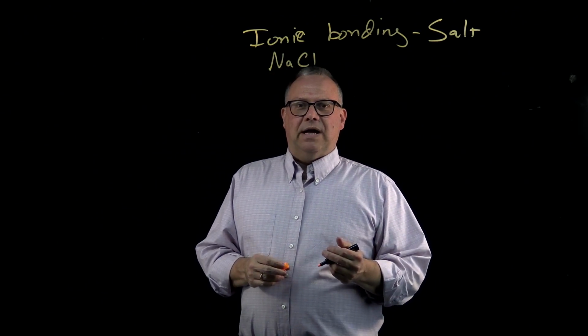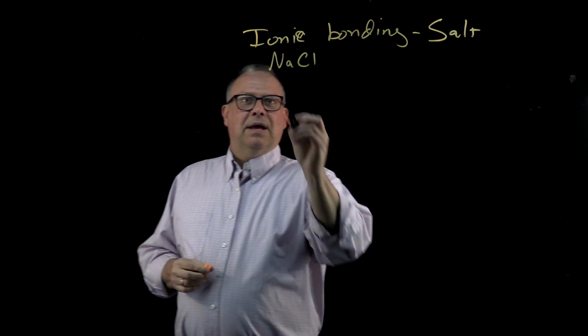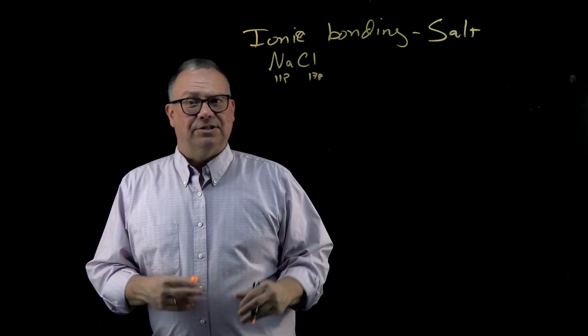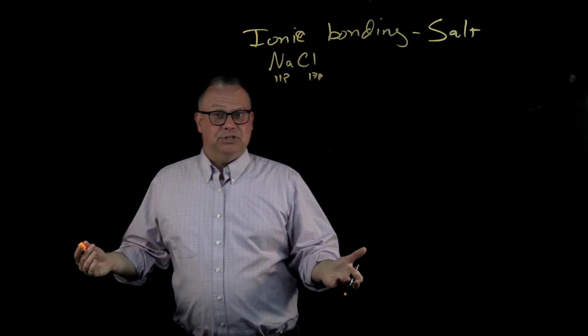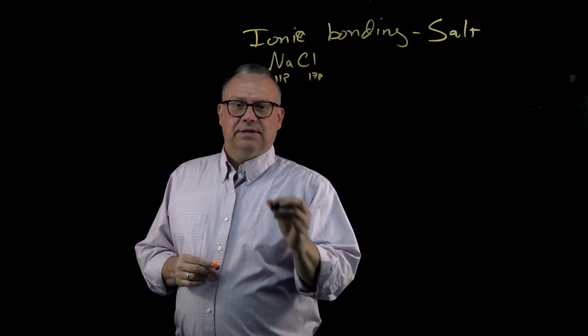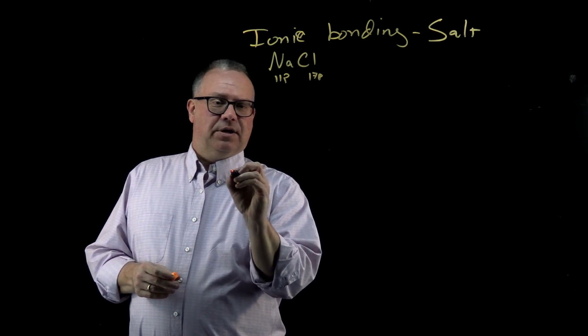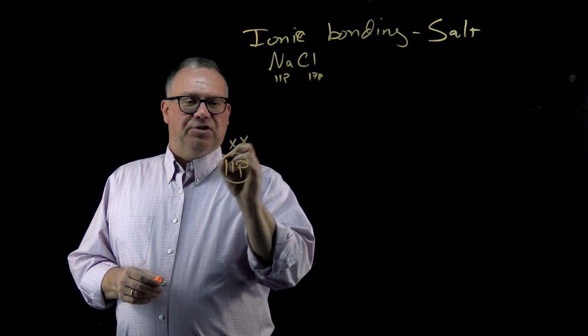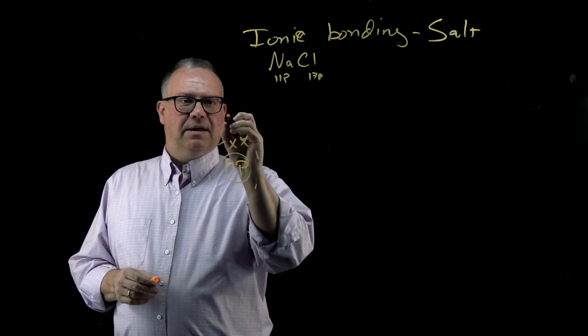All right, so sodium chloride. Sodium has 11 protons, chlorine has 17 protons. So these are going to be pretty big atoms that we draw, so we better get to it. I'll draw the sodium over here with its 11 protons. I'm going to be drawing for a little while, so bear with me.